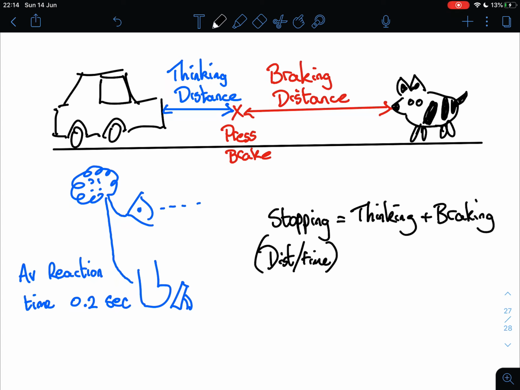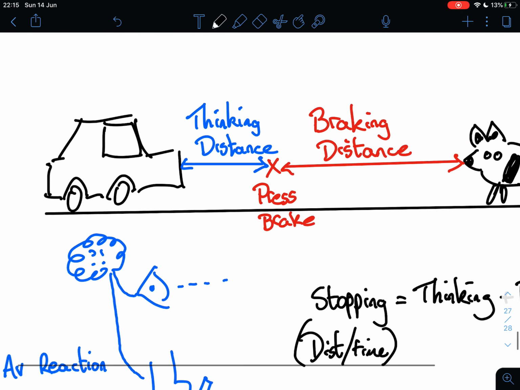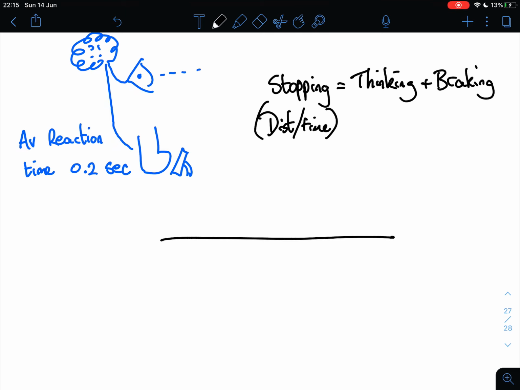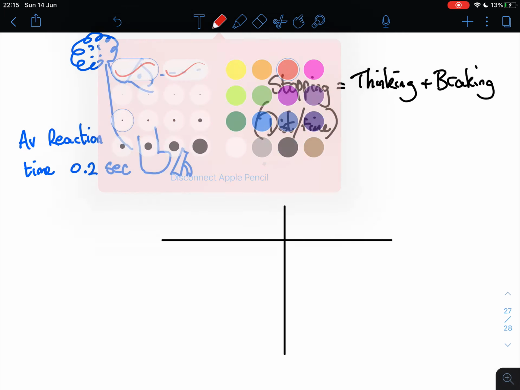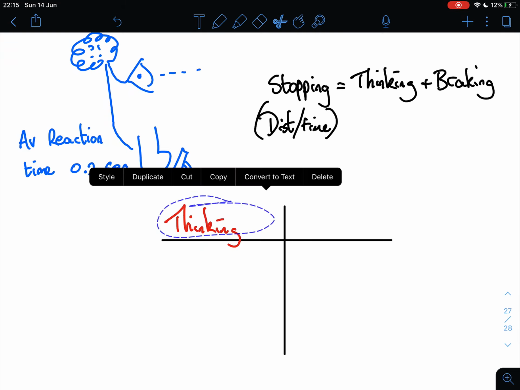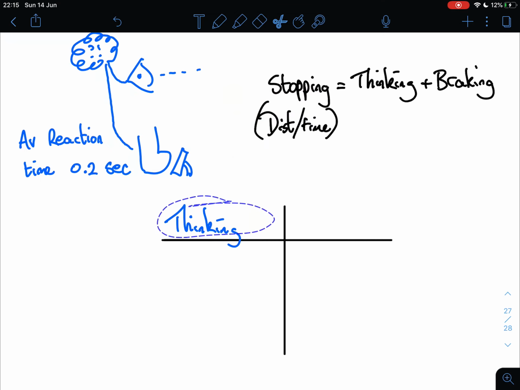Now, you're expected to be able to list what factors would affect the amount of thinking and the amount of braking distance that would occur. So if we were to make a small table like so, and add in thinking here and braking here. Let me change my colours. Style blue. There we go. What I'd like you to do, pause the video.